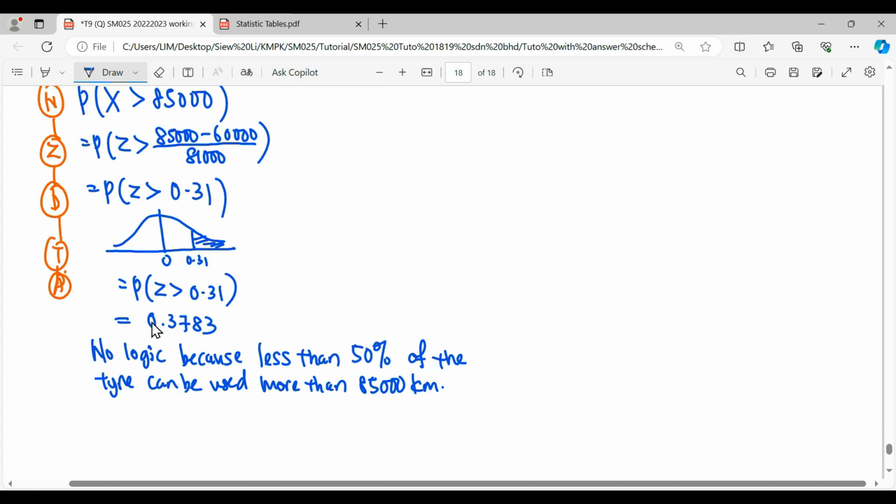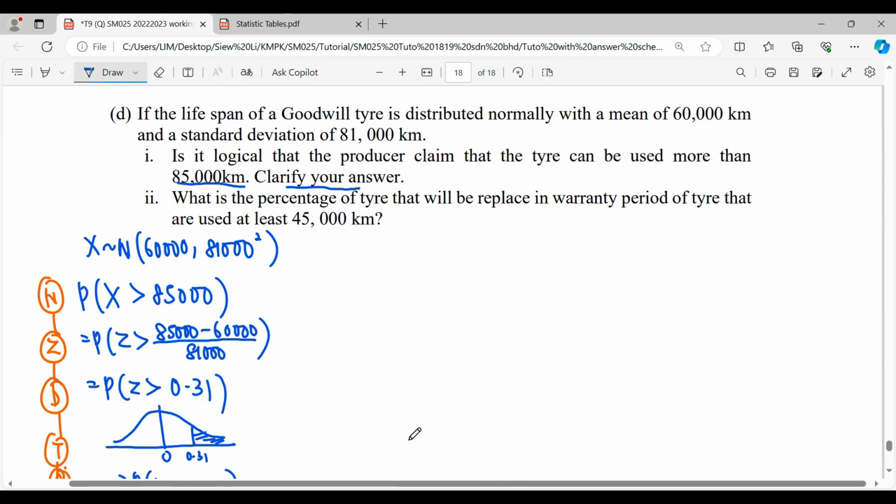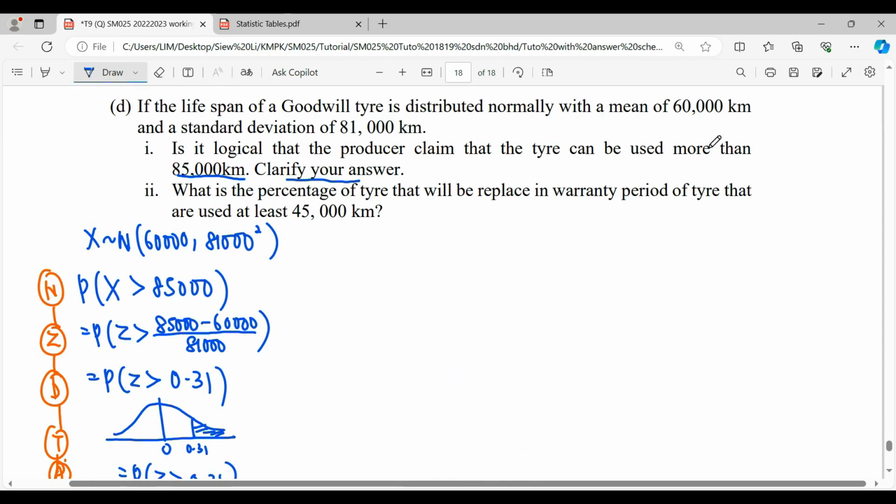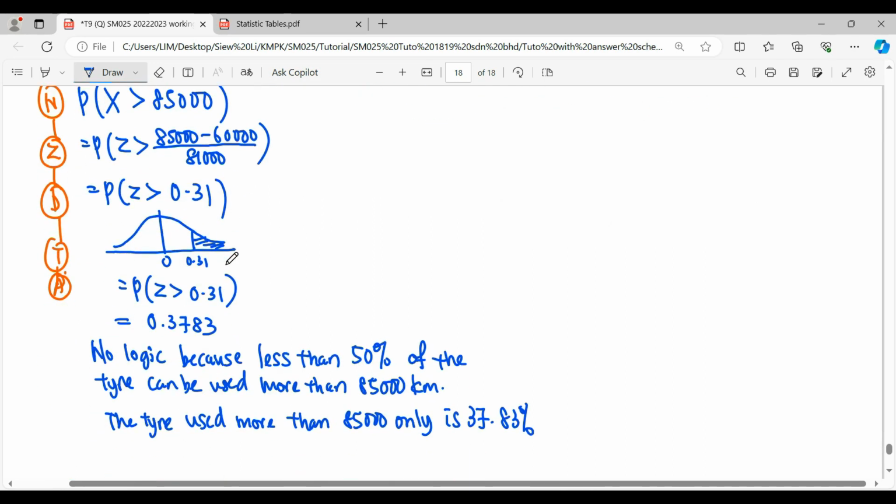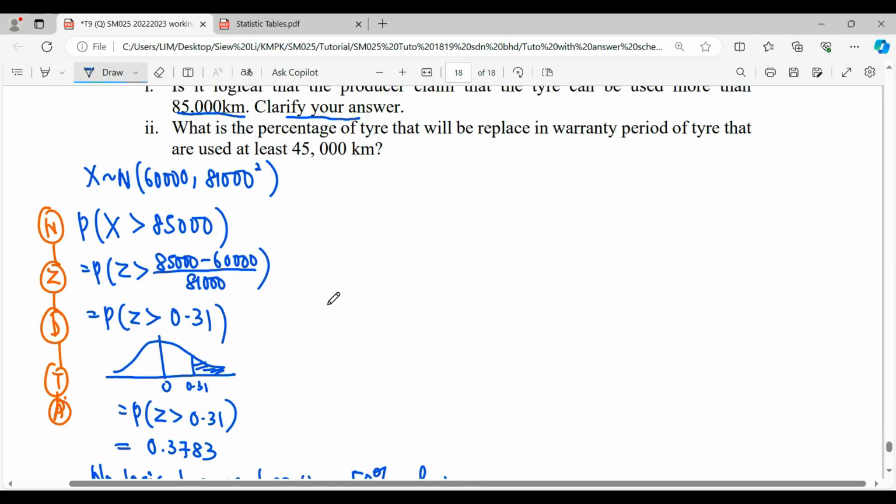From our probability, the tyres that can last more than 85,000 are only 37.83%. So we only have a very low chance of the tyre being sustained until 85,000. So when the producer wants to claim that the tyre is long lasting and can survive until 85,000, from the calculation you will see that the data is not enough to support this statement.